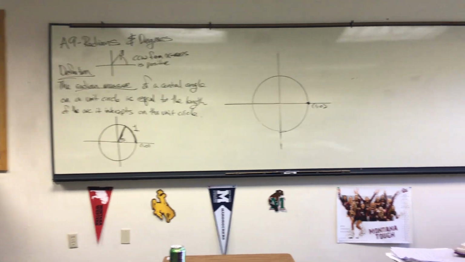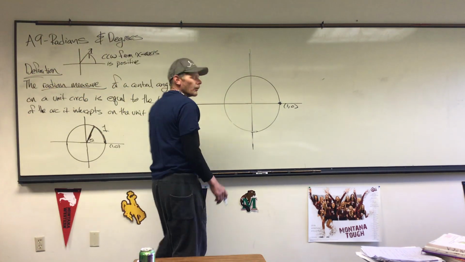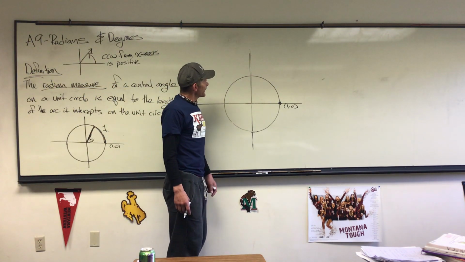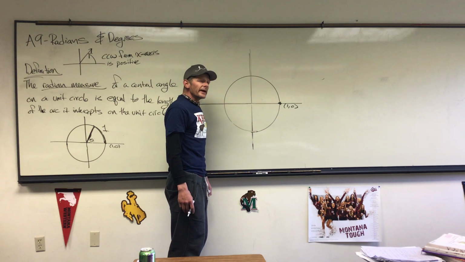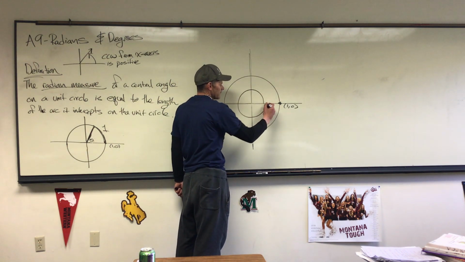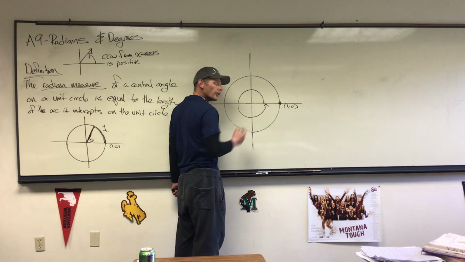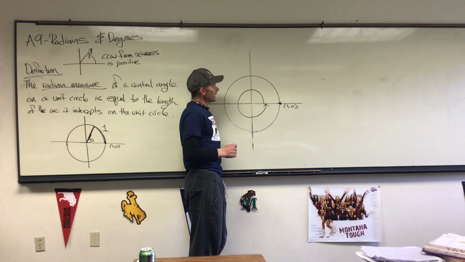So let's look at this guy here. I want to think about this a little more. And so I'm on a unit circle, and let's suppose that we rotate like that. We start here, we rotate counterclockwise all the way back to the x-axis. And so we ended where we started, in other words.